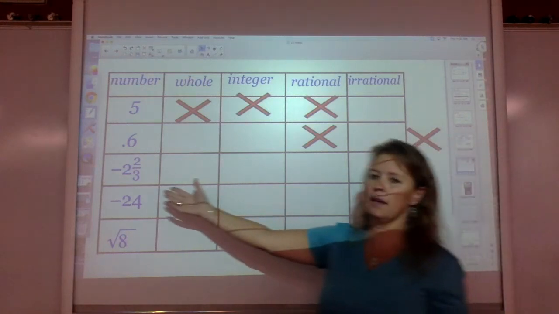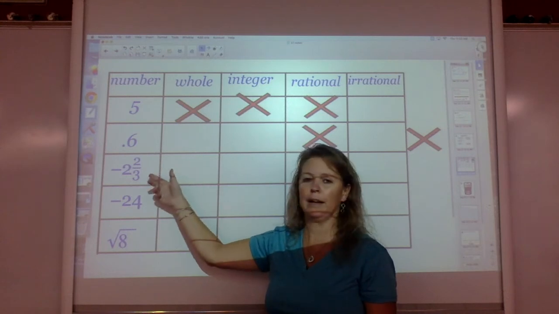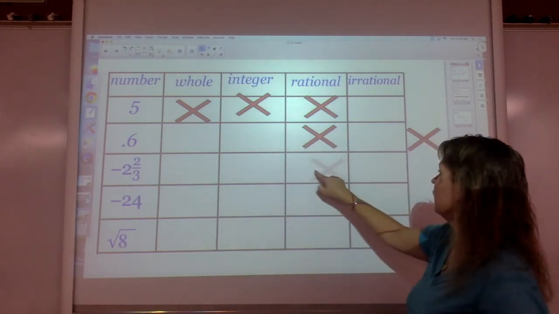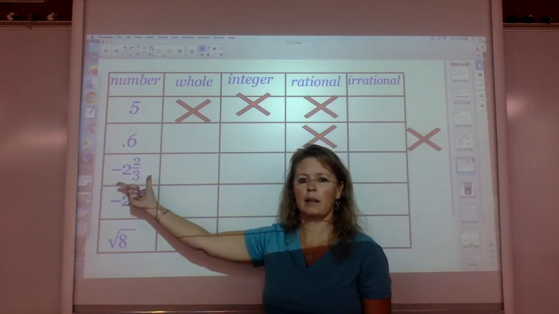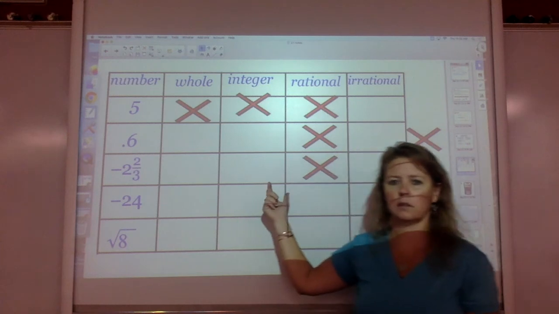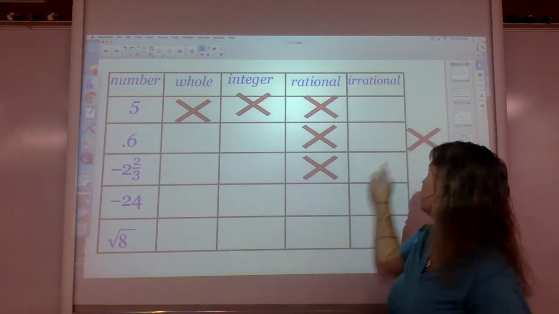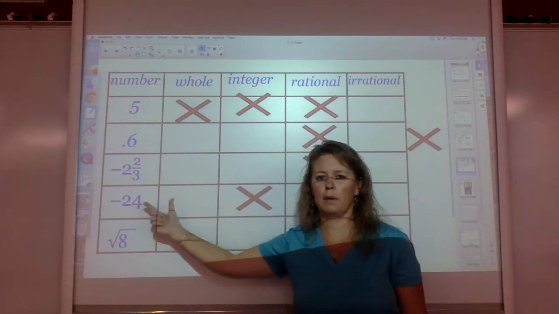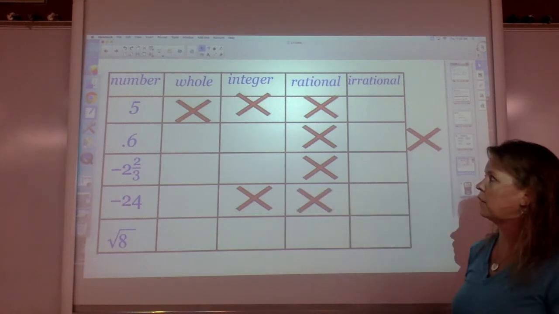If something is a negative, that doesn't automatically mean it's an integer. Erase your X if you put that in the wrong spot. This is a negative decimal. It is a fraction that turns into a decimal. A negative fraction is just rational. You cannot put integer in that just because there's a negative. In this one, you can put an integer because it's a whole number that's negative. And if it's an integer, it's also rational.